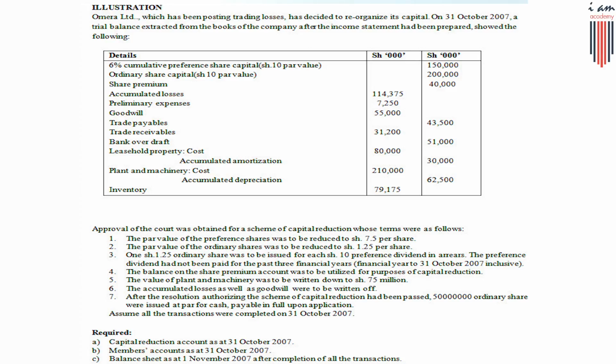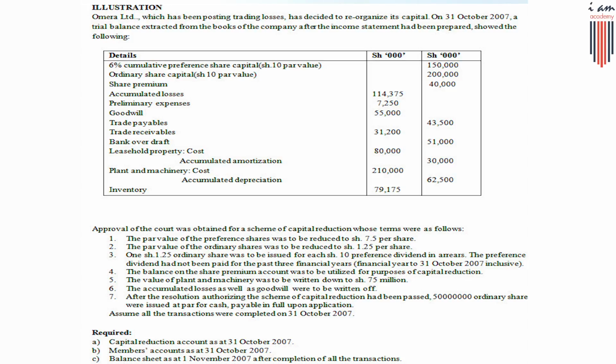This capital reduction account will be credited with the amount of ownership capital written off. It will also be credited with the amount of liabilities written off, and with any gain on sale of an asset. If you sell an asset at a gain, then you need to credit your capital reduction.